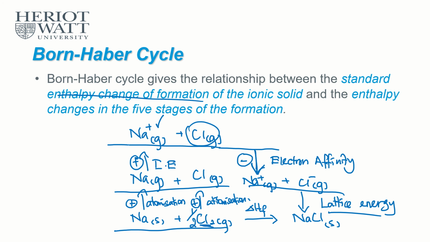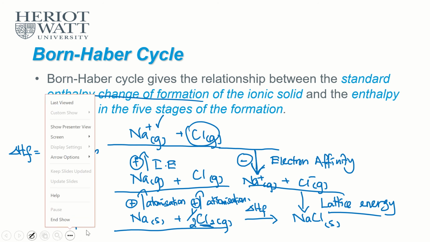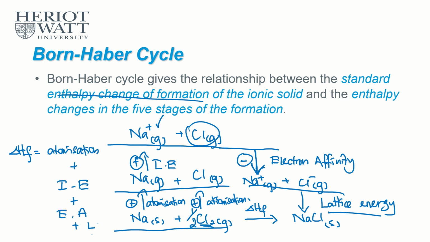Now, the equation is something like that. This is the full Born-Haber cycle. Enthalpy change of formation is equivalent to the sum of all these: atomization for both sodium and chlorine, plus ionization energy, plus electron affinity, plus lattice energy.